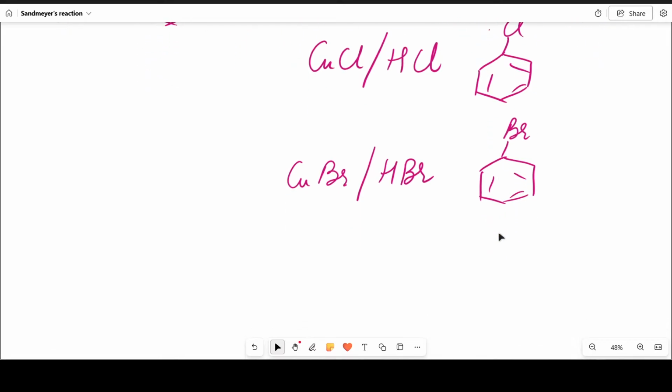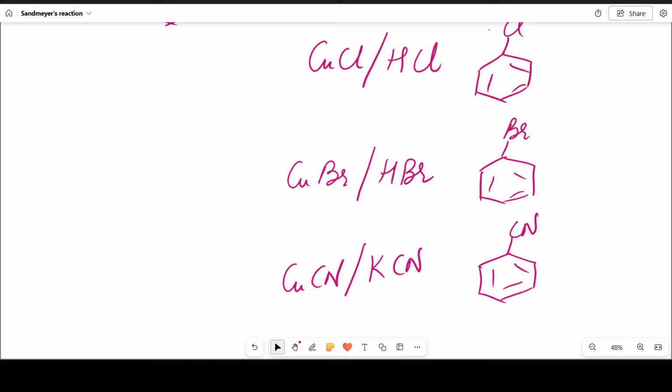Suppose I want benzonitrile, then I'm going to use CuCN along with KCN.